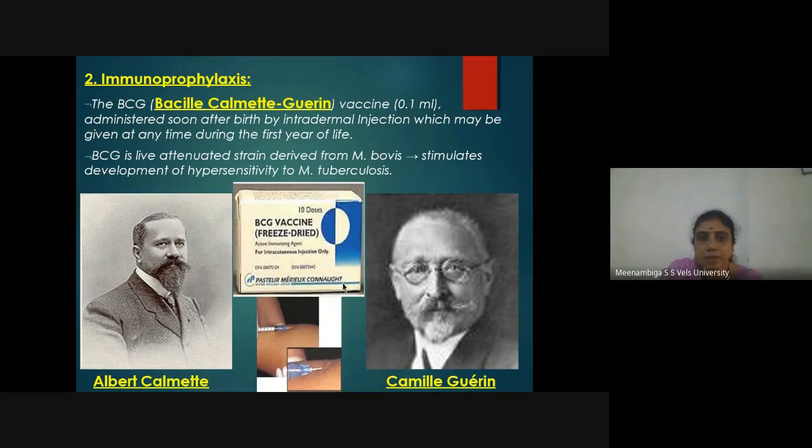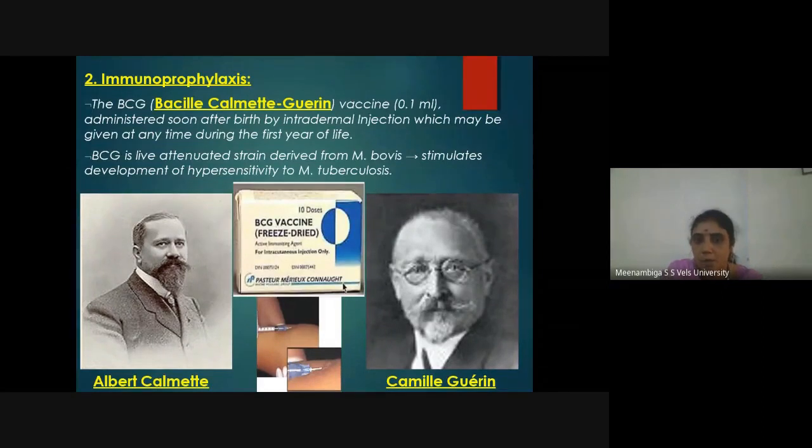The BCG vaccine is nothing but a live attenuated strain of Mycobacterium bovis. When the Mycobacterium bovis antigen, the live attenuated strain, is injected directly, the body will produce antibody against it.